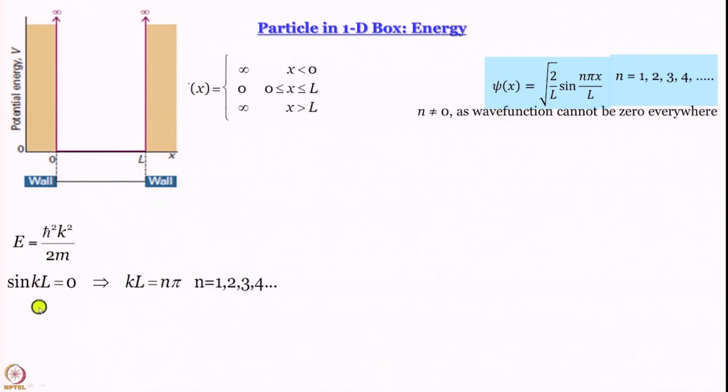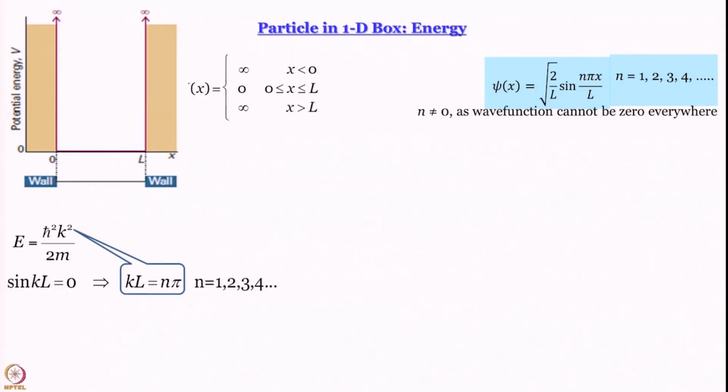But then we have also learned from the boundary condition that psi must vanish at x equal to L, so that KL is equal to n pi and n is a positive integer. So, the obvious next step is to take this KL equal to n pi expression and plug it into the energy expression of a free particle.